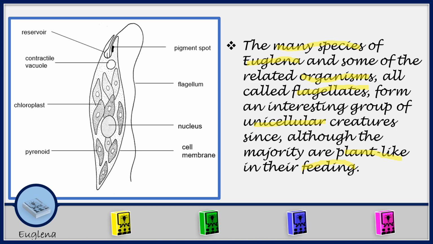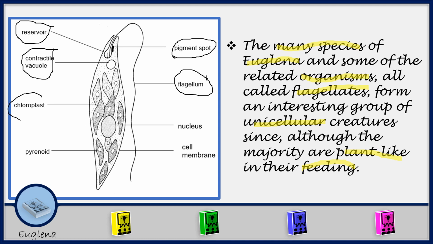Let's first understand our Euglena and look at it. This is our Euglena. It has a filament or a flagellum. It has a pigment spot around there. It has a reservoir. It has a contractile vacuole.